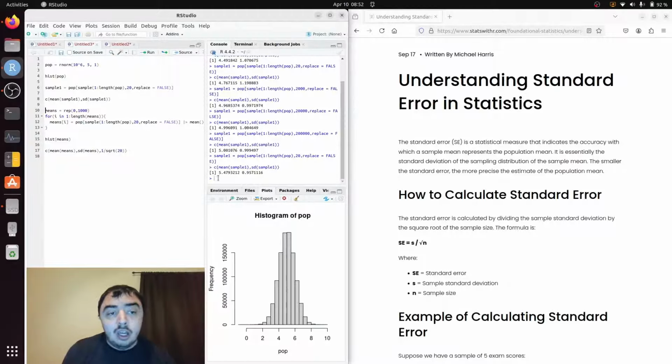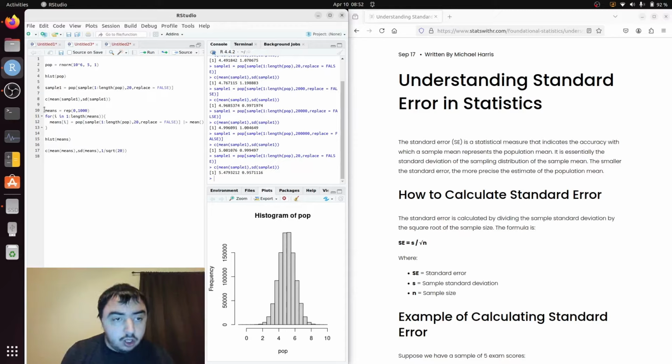So if you were to repeat the sampling many times, what would the standard deviation of the distribution of those means be? I know that it is more abstract than thinking about the mean and standard deviation of a single sample. So I've done a small simulation where I repeat this process 1,000 times for a sample size of 20.